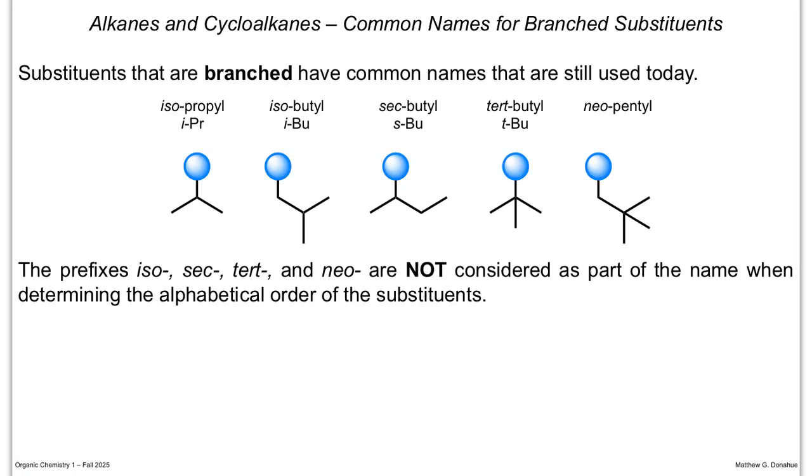So I want to get into this issue now where if you do have a substituent and that substituent is branched, there are these common names that apply to these different scenarios. So what you see here are some patterns of branching of a side chain or a substituent. So iso means same.